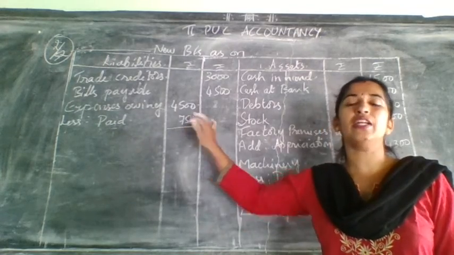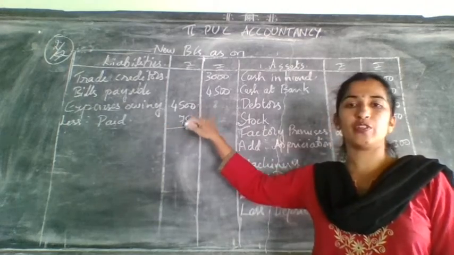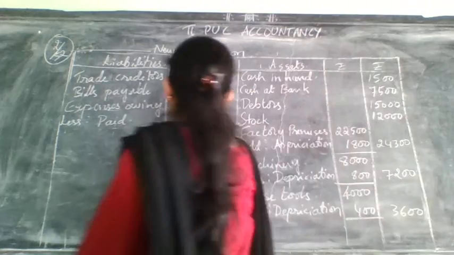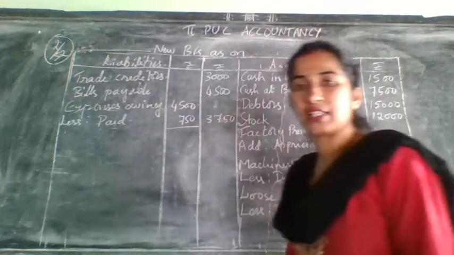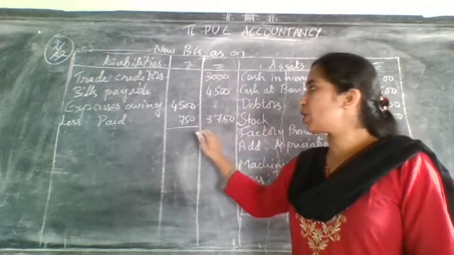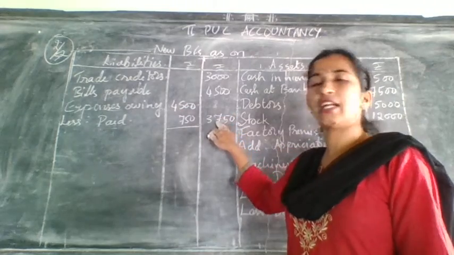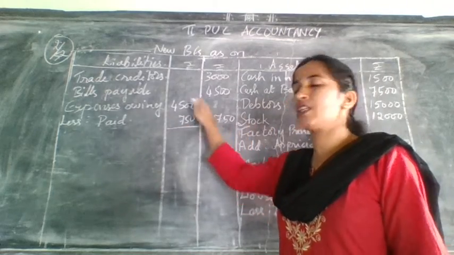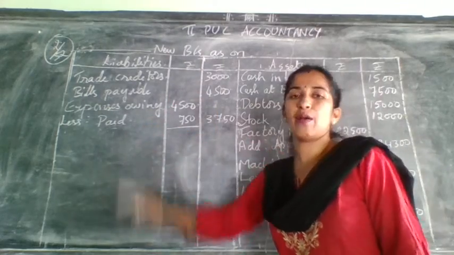That 750, take it here directly, and now less paid you need to take and minus it and write it. How much will it come? 3,750. That means the final amount they have given in the adjustment will come, because earlier it was 4,500. Now at the end of the period it came to 3,750. That means the 750 was decreased in liability.